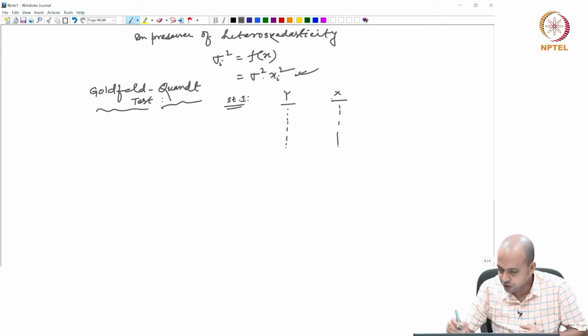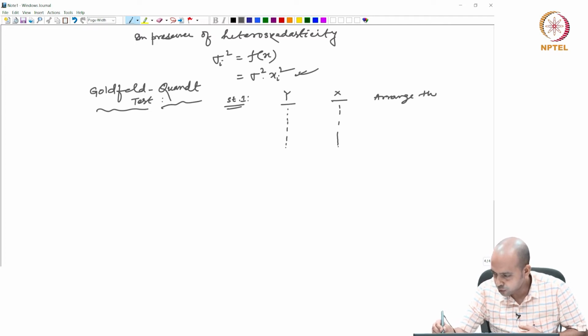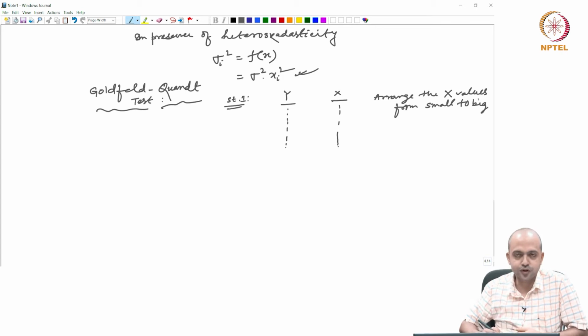What is the first step? Arrange the x values from small to big.